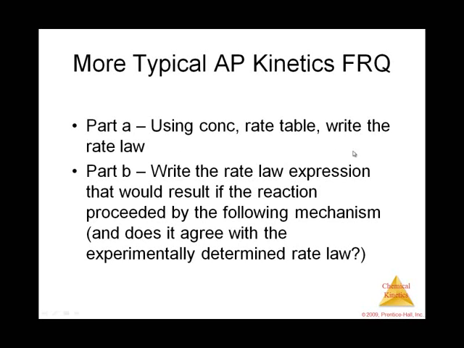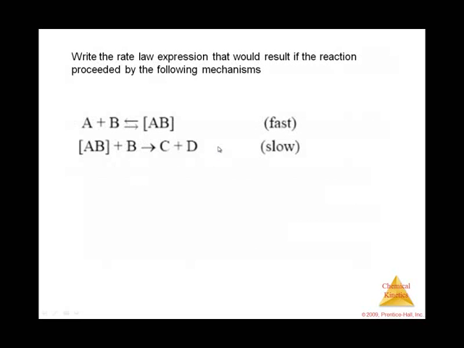Then you determine what the slope is, and that's your K. Remember all that? So that is your experimentally determined rate law. And then it will give you a proposed mechanism and ask you if it agrees with the experimentally determined rate law and the equation. Okay, let's take a look at what that might look like.